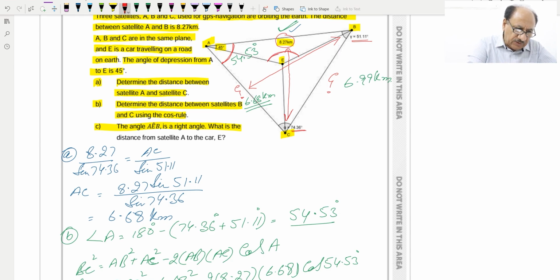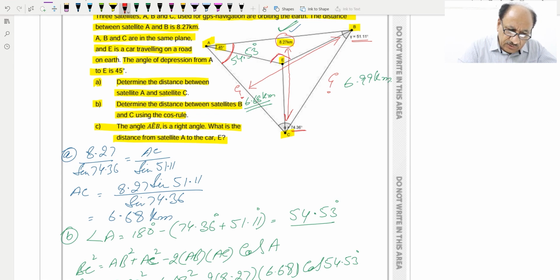They are talking about this angle being a right angle. What is the distance from satellite A to the car E? So AE is required. If I just show this with a right angle symbol, this is a right angle triangle.